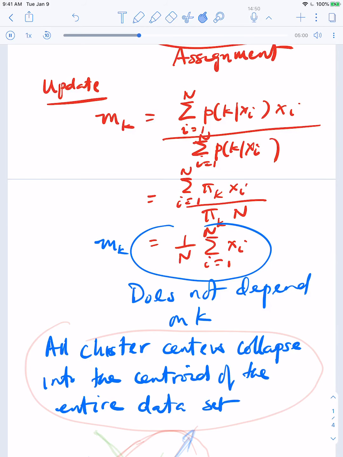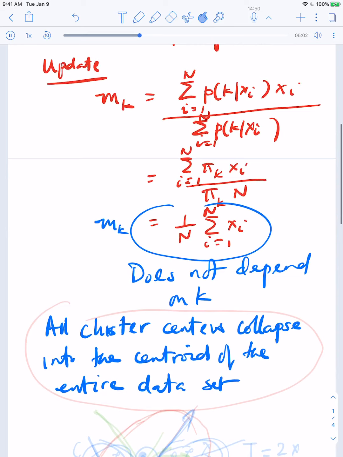So this is completely the opposite of having a bunch of local minima. At high temperatures, I allow arbitrary amounts of variation around the cluster centers. That's what T large means. I basically just get to the centroid of the data set, and so there are no local minima there.